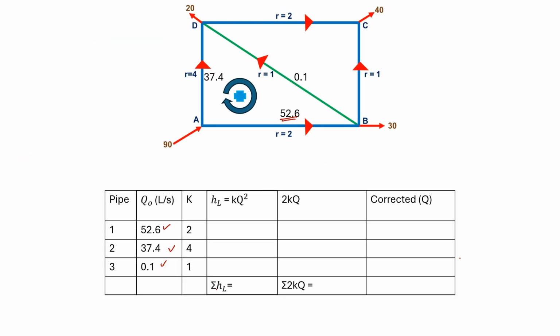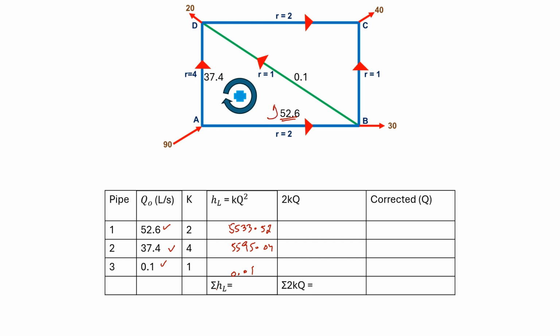So in trial 2, we'll move towards the HL for the first pipe. It will be 3.52. For the second pipe, it will be 95.04, and for the third pipe, it will be 0.01. Which value will be positive and which will be negative will be decided through this loop.